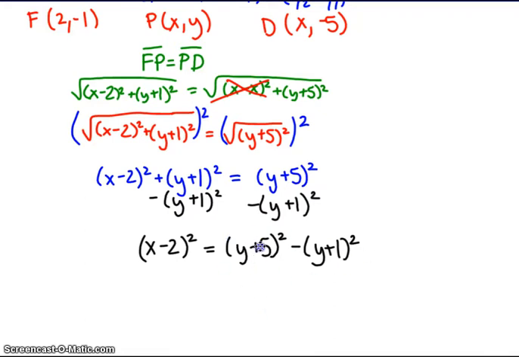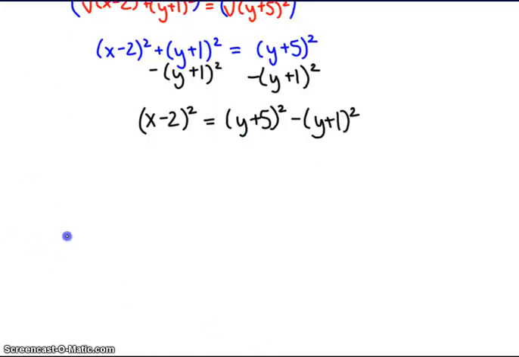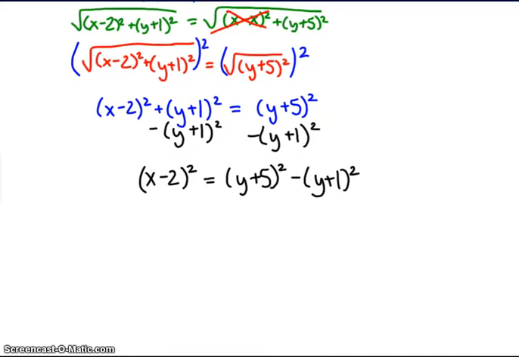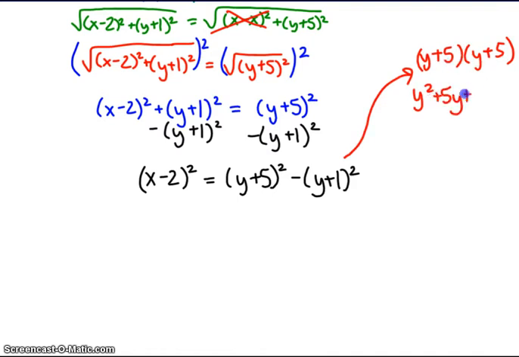The first thing you need to do is distribute these two binomials. Remember the FOIL or the box method from units 4 and 5. Okay, so let's make a side note. (y plus 5) times (y plus 5), which is (y plus 5) squared, is y squared plus 5y plus 5y plus 25, which is y squared plus 10y plus 25.